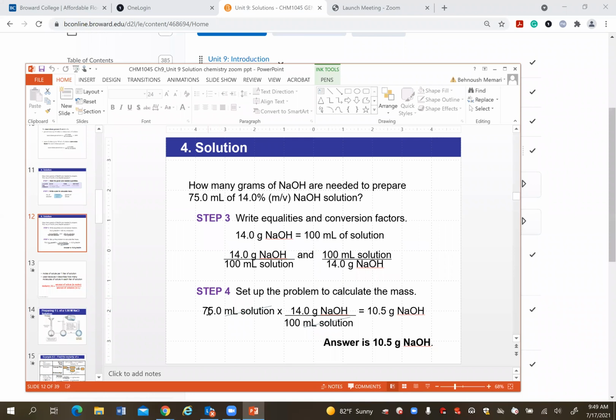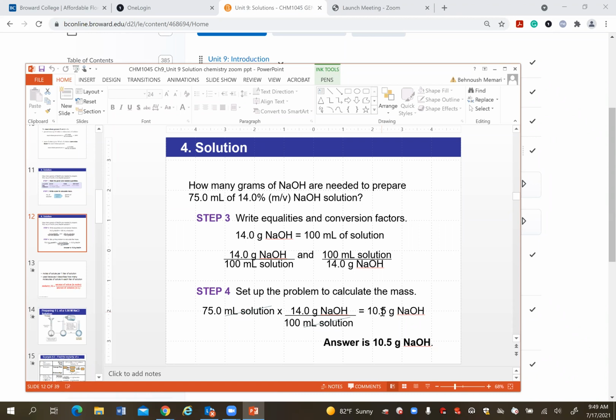Since the volume is given and the mass is asked, I'm using the conversion factor that cancels the volume and converts to mass. Do the calculation for the numbers and then report with the proper unit, which is 10.5 gram of sodium hydroxide.